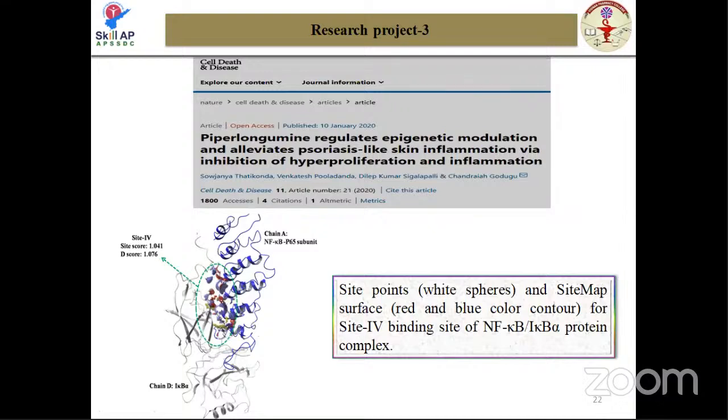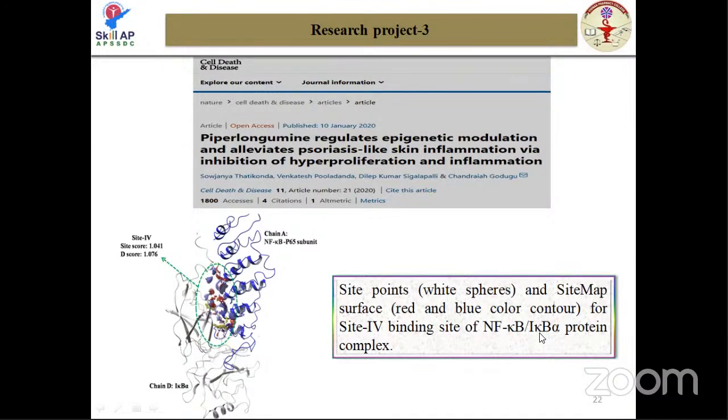And coming to the other project, piperlongumine regulates epigenetic modulation and alleviates psoriasis-like skin inflammation via inhibition of hyperproliferation and inflammation. Piperlongumine is a naturally occurring alkaloid. There are no complex structures available for nuclear factor kB and IKB alpha, but we have done protein docking between them.